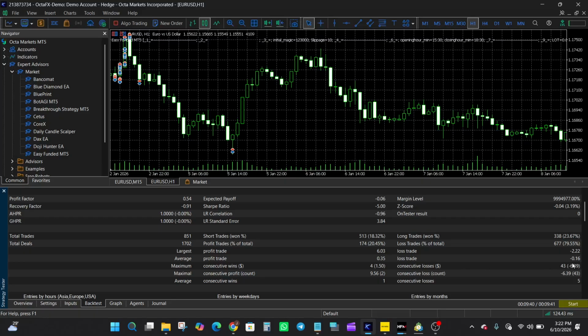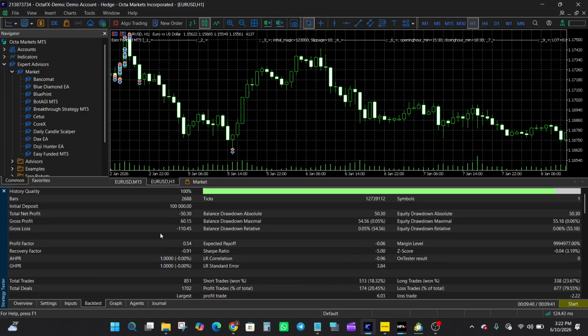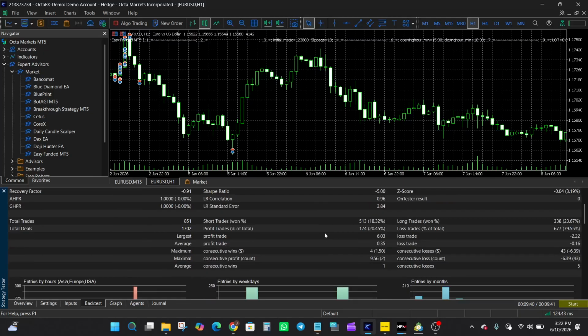So one of the things I observed here is that the EA targets just short-term price movement, and it's obvious because average profit is just 35 cents from an initial balance of $100,000. And of course, we can see that the risk to reward ratio is good. At least it is around 1:2, right?